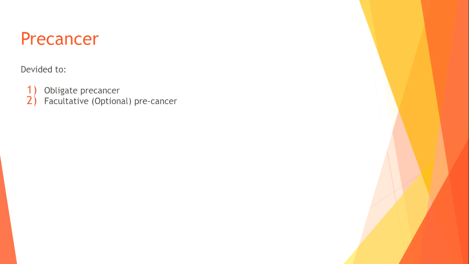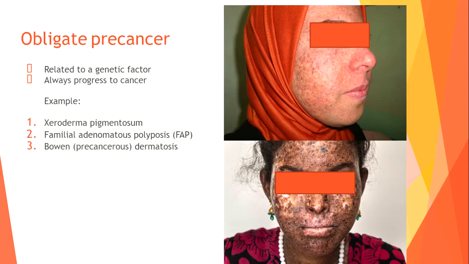Precancer is divided into obligate precancer and facultative or optional precancer. Obligate precancer, related to a genetic factor, always progresses to cancer. Examples: xeroderma pigmentosum, familial adenomatous polyposis, and Bowen's dermatosis. Here on the picture we see xeroderma pigmentosum.